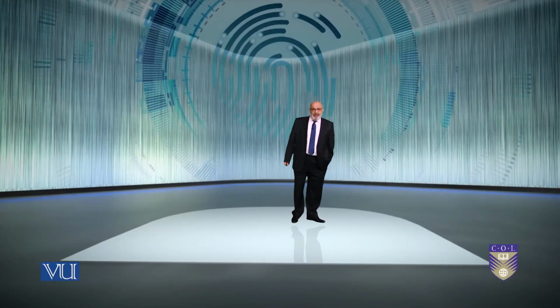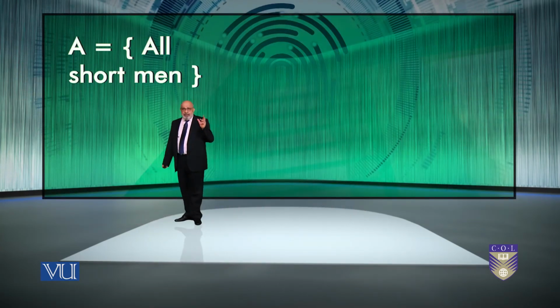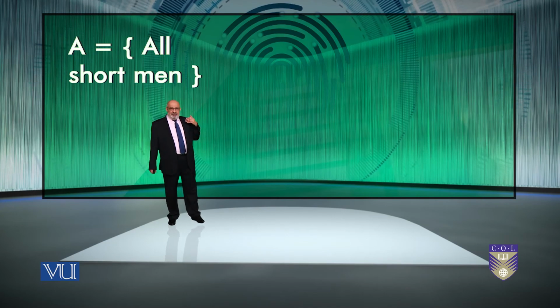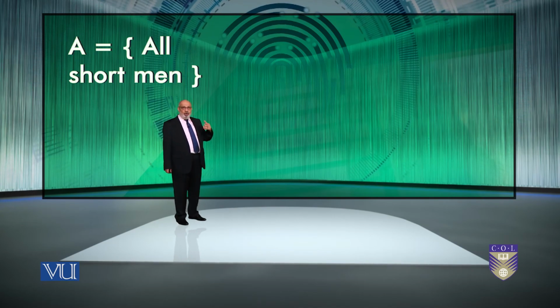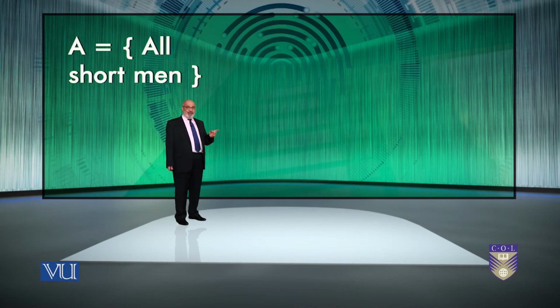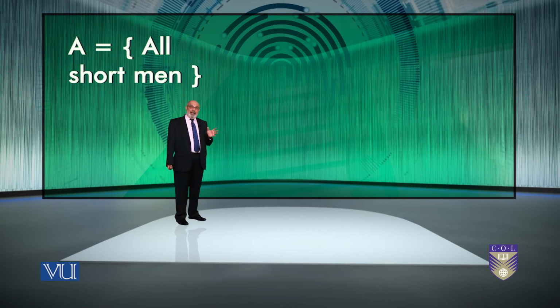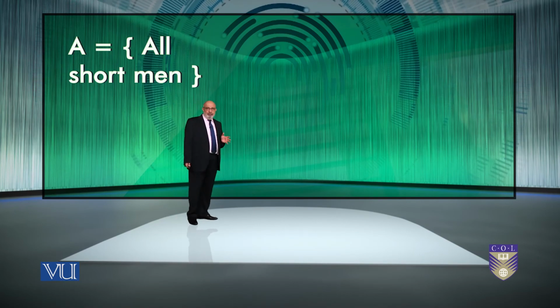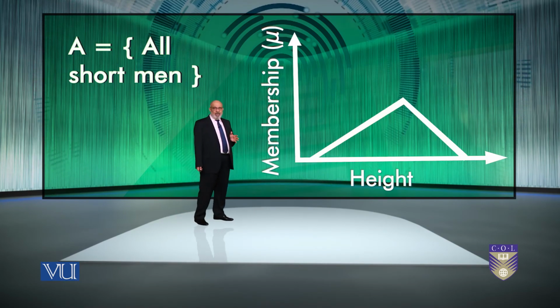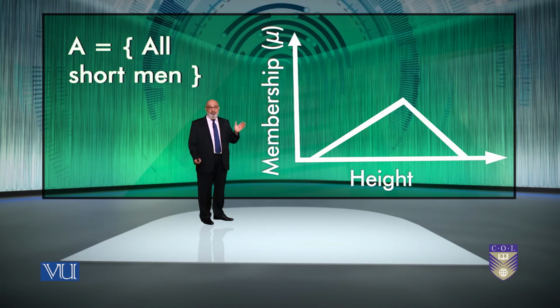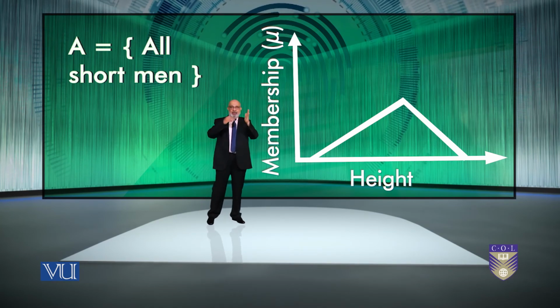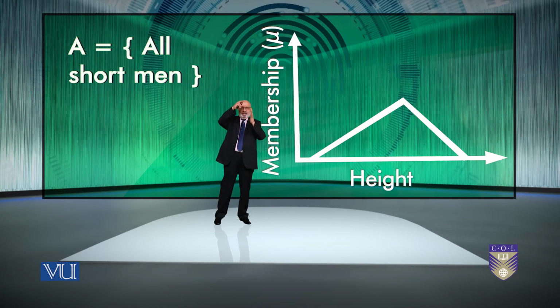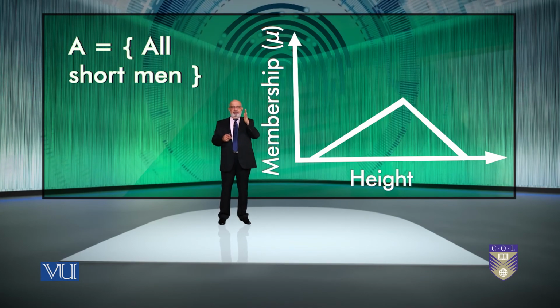The interesting thing is that the graphs for A and B are nothing more than a distribution. Now, if A were the set of short men, then the graph A shows the entire distribution of short men. That's the first triangle for A. The horizontal axis is the height, and the vertical axis is the membership function.